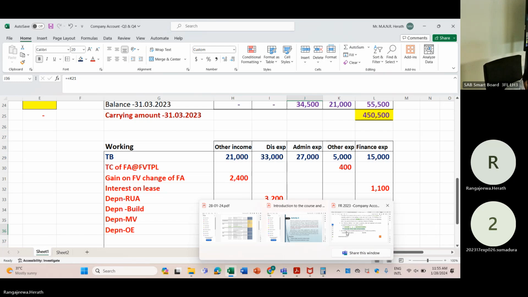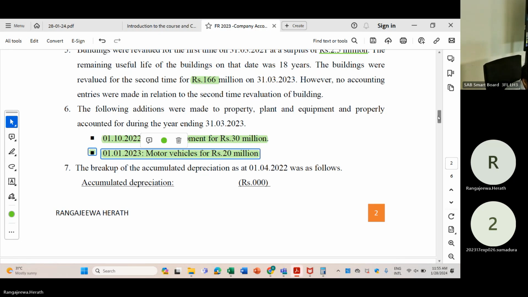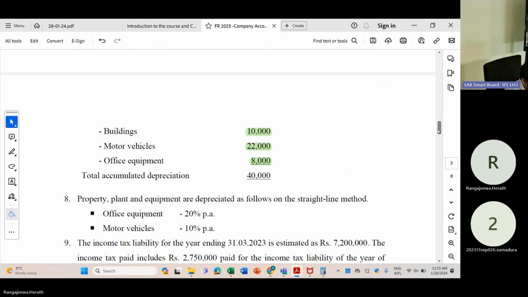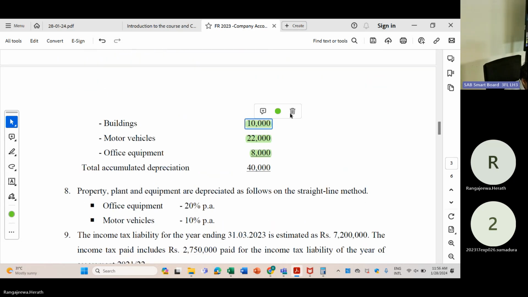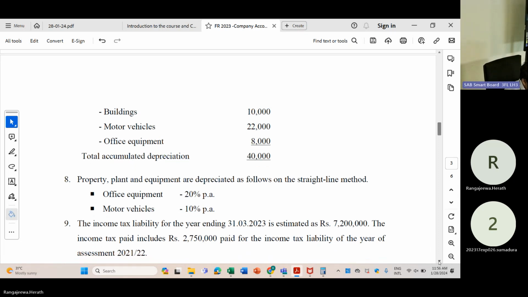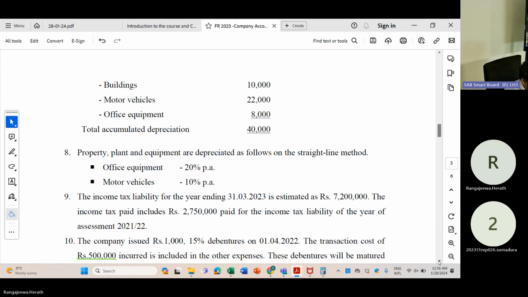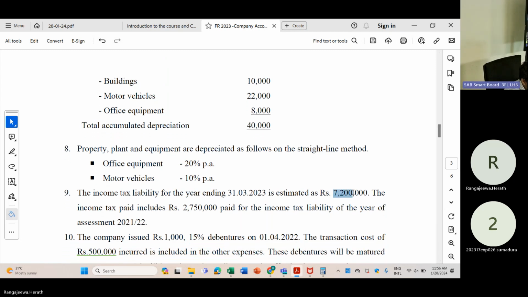Right. So we have considered additional information number 6 and 7. 5, 6, 7. PP note එක ගත්තී මෙටි ඉවරයි 7, 8. Right, tax liability. Tax liability for the year ending 7,200.